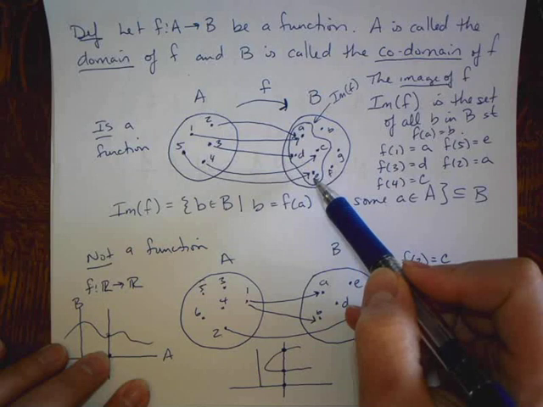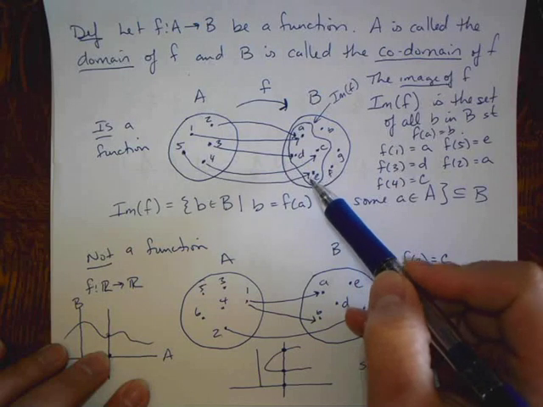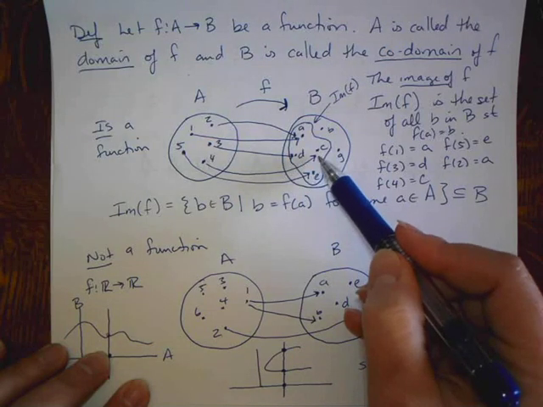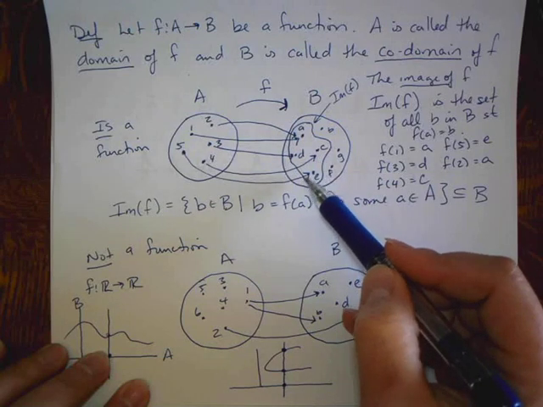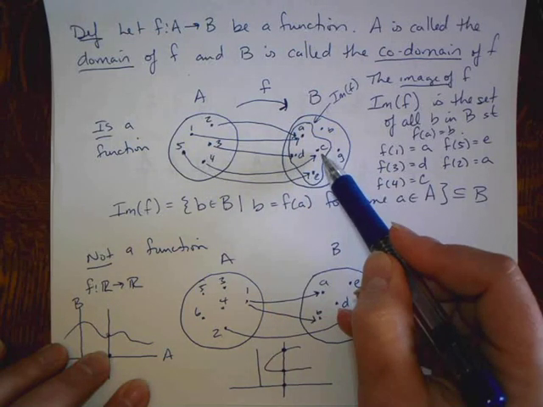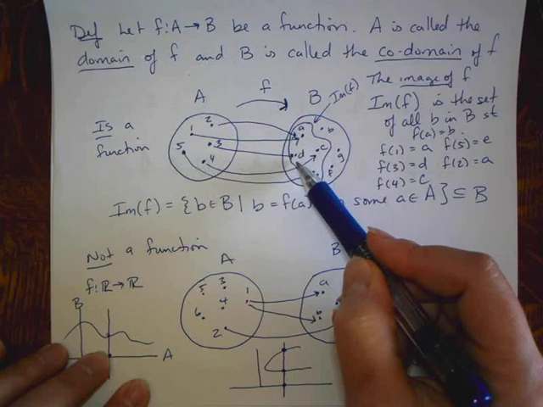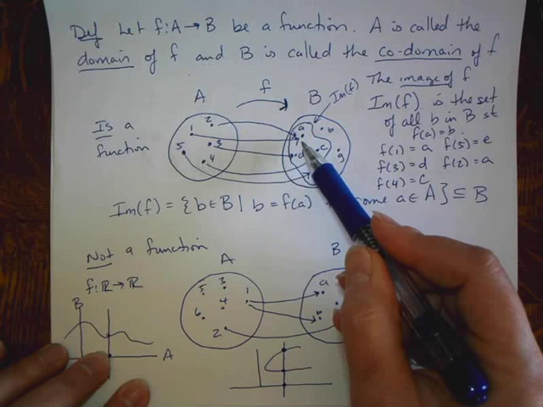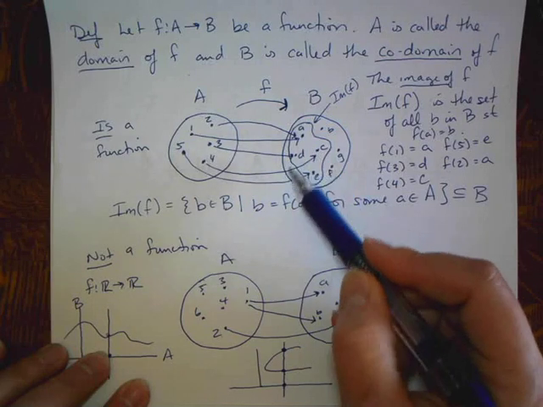So we look at the elements in the image that have an element that maps to it. And we want to say, does each one have a unique a that maps to it? Well, E does, yes. 5 maps to E. C does. 3 maps to C. Nope. 4 maps to C. D does. 3 maps to D. But notice A does not have a unique element.